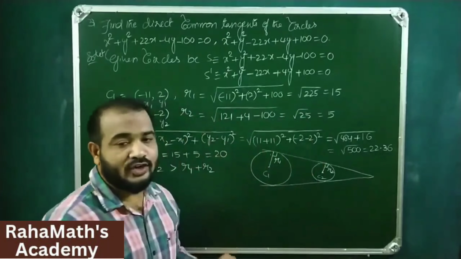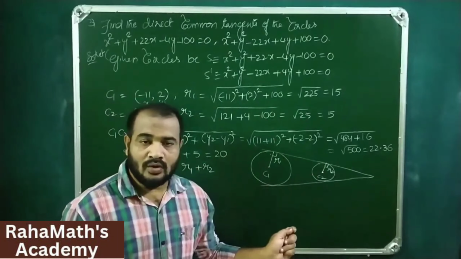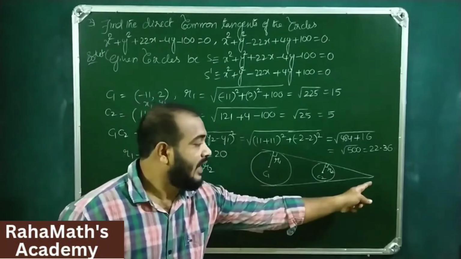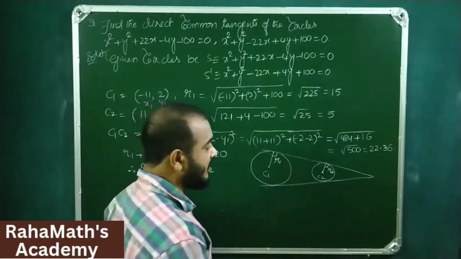So to find the direct common tangents, we need to find what? The external center of similitude. What is that?